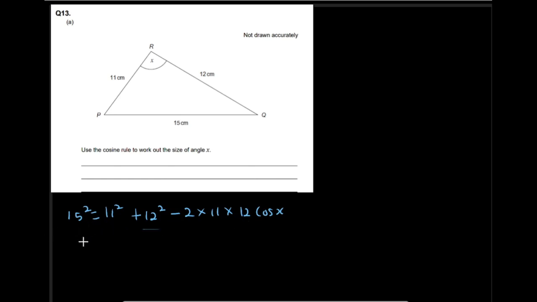That will give us 15 squared, which is 225, equals 11 squared, which is 121, plus 12 squared, which is 144, minus 2 times 11 times 12.